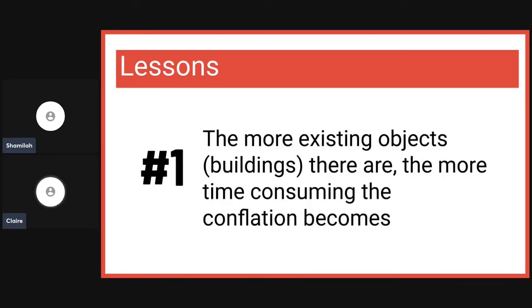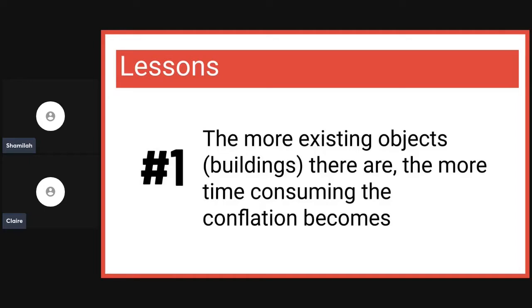Then we started learning. Our first lesson learned was that the more existing objects there are, the more time consuming the conflation becomes. So what's the conflation? Over to you, Shamila. Yes, the conflation was mainly to combine or merge what we got from the AI generated buildings and what we already had in OpenStreetMap.